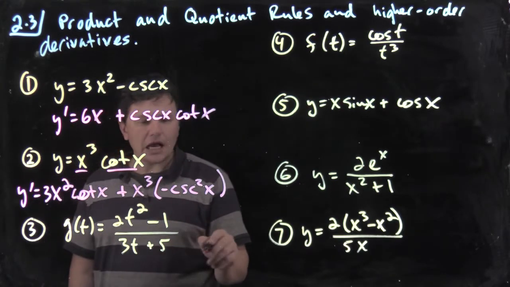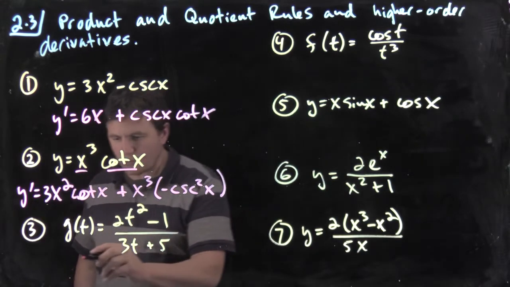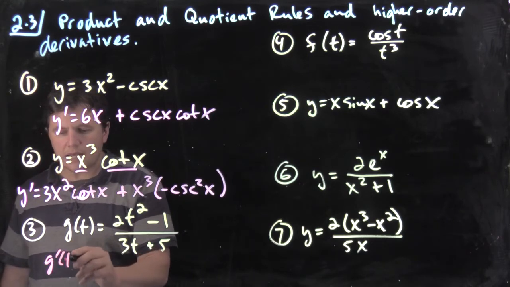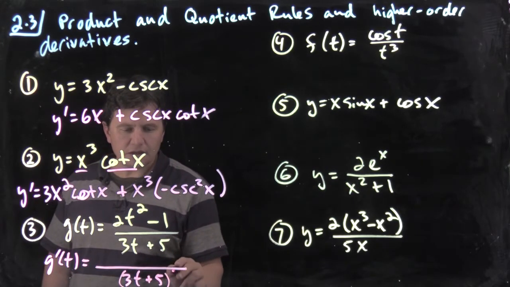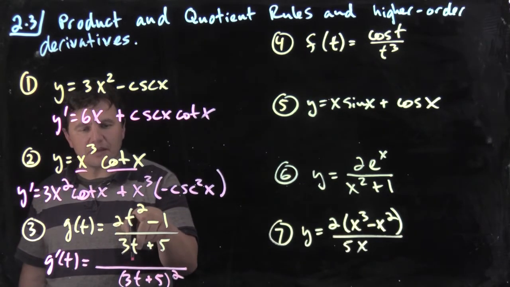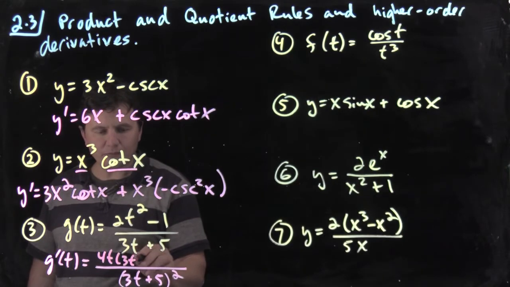Okay, this one here, we're going to use quotient rule. Hopefully I have enough room. We'll just go for it. So it's g prime of t. We're going to square the bottom. The bottom stays intact, we're just squaring it. Take the derivative of the top, so that's going to give me 4t. Copy down the bottom.